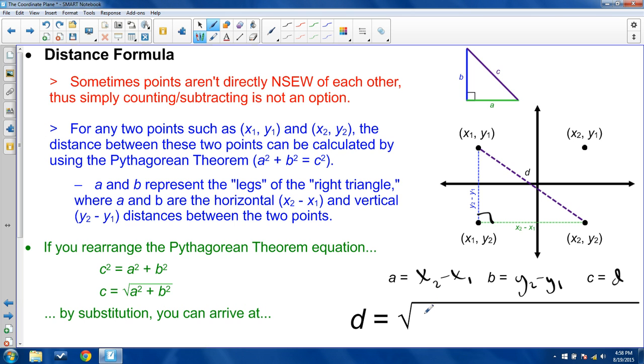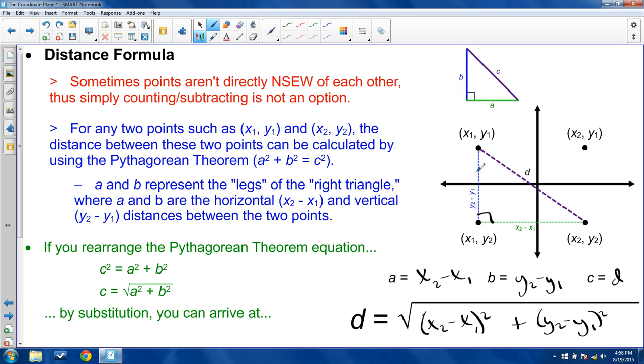Inside the square root, you're going to get x2 minus x1 quantity squared, that's for A, plus for B, you'll get y2 minus y1 quantity squared. And that's the distance formula. So it looks kind of complicated.